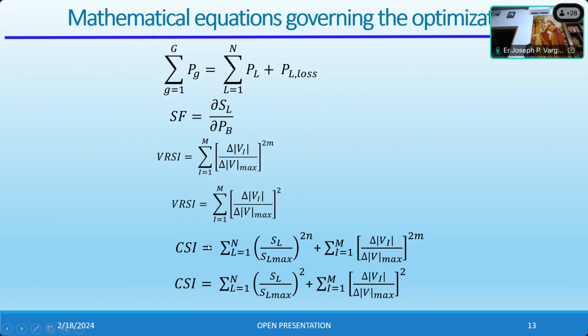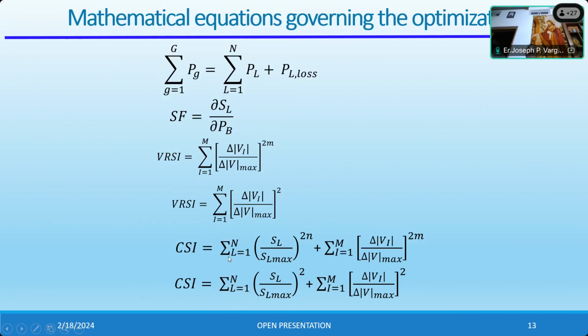Similarly, the combined severity index, that is the modified index, is the sum of the load flow based term, (SL / SL max) raised to 2n, plus (delta V / delta V max) raised to 2m. When n is equal to 1 and m is equal to 1, this equation becomes like this.